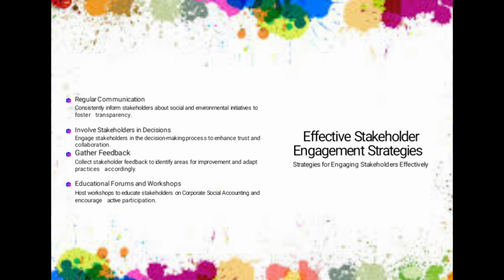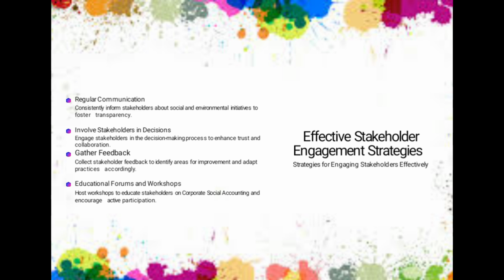Regular communication. Constantly inform stakeholders about social and environmental initiatives to foster transparency. Involve stakeholders in decisions. Engage stakeholders in the decision making process to enhance trust and collaboration. Gather feedback.